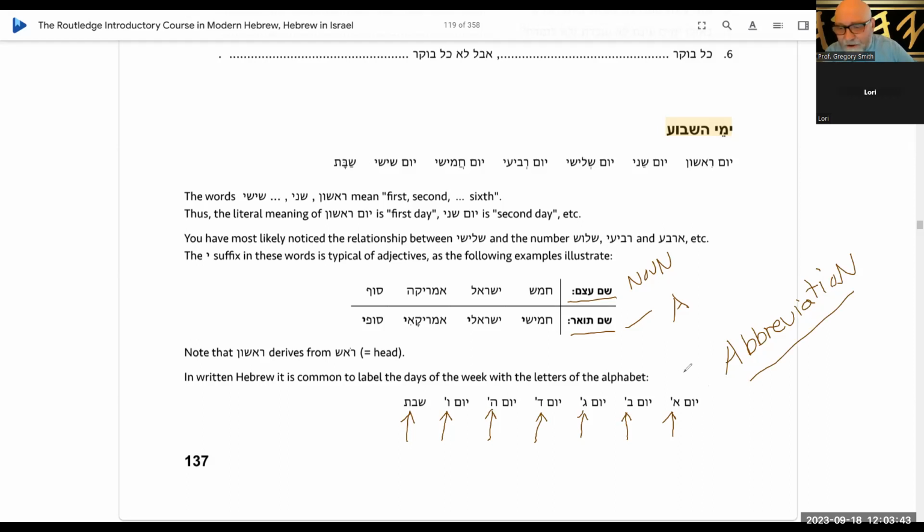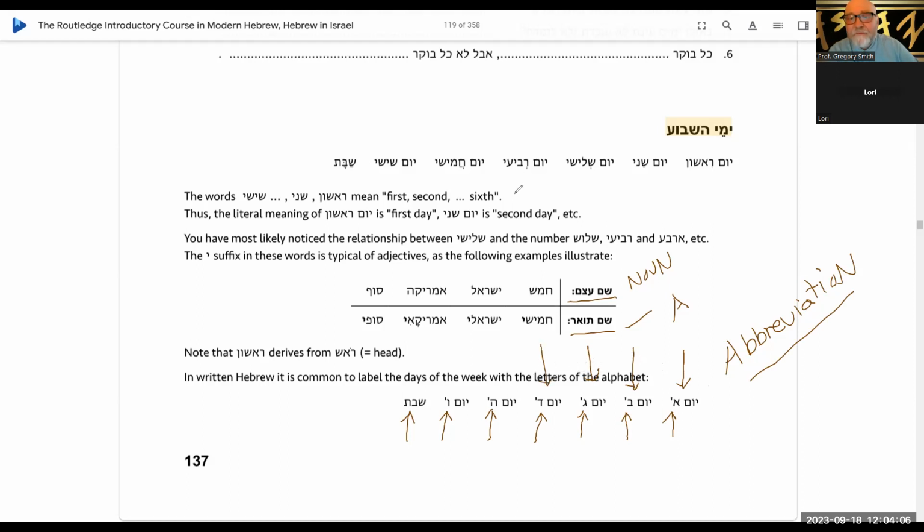Okay, so you have basically Yom Aleph. That would be like Yom Rishon. That would be Sunday, right? Yom Bet would be like Yom Shani. That would be Monday. Yom Gimel, that would be like Yom Shlishi. That would be Tuesday, right?